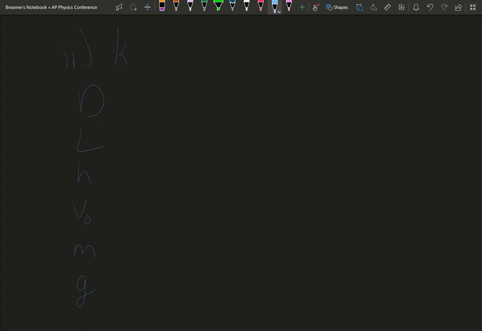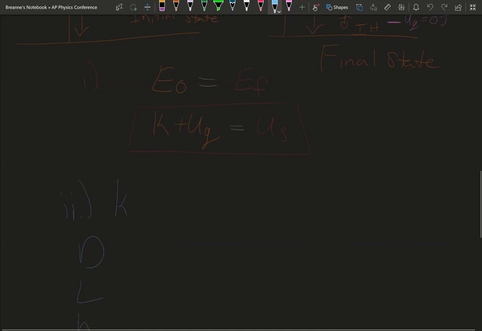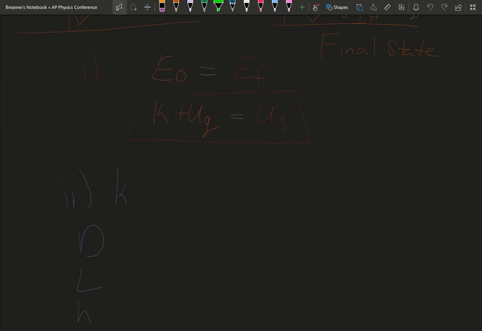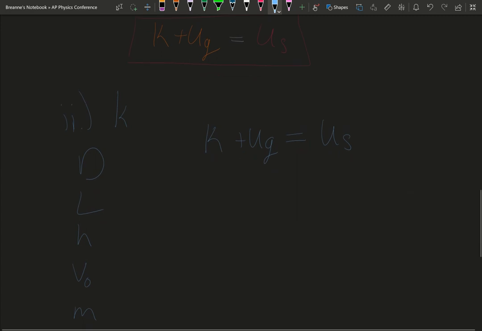So we kind of already started the equation already. So we're going to just be using this right here. So we're going to rewrite it real quick. So we have our kinetic energy plus our gravitational potential energy equals our spring potential.